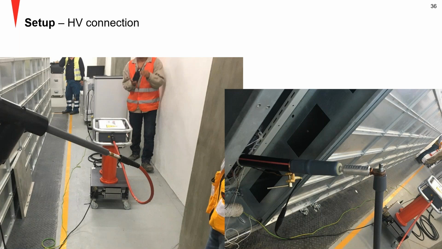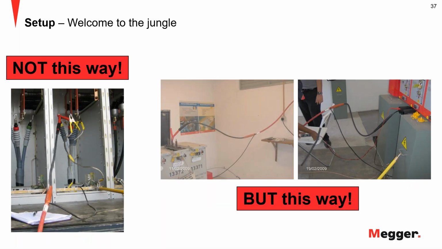So something not so okay would be the picture on the left. You just created a jungle, wires running across, looks like the rainforest, and you violated clearances, because that section you see there, from that red crocodile clamp, the red battery clamp, to the point where the shield of the high voltage cable splits up into high voltage and the shield itself, touches the frame of that switchgear.